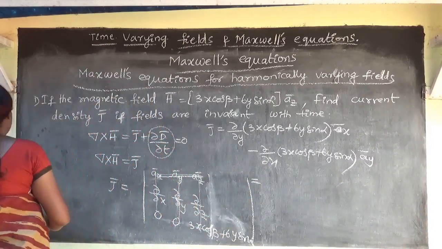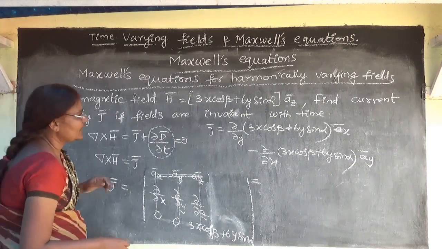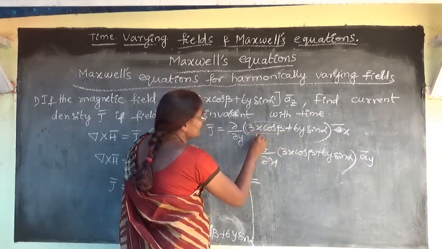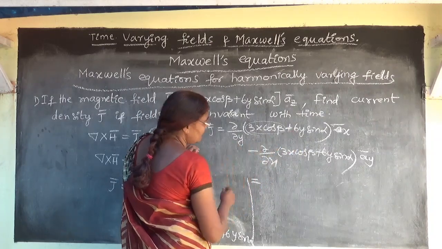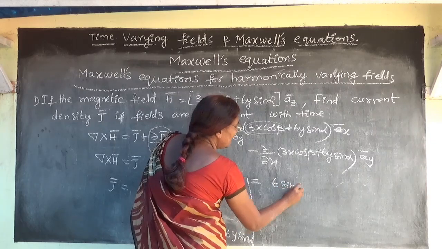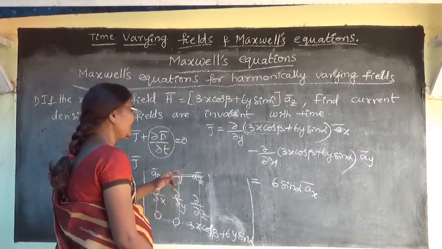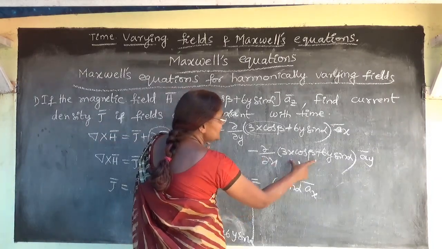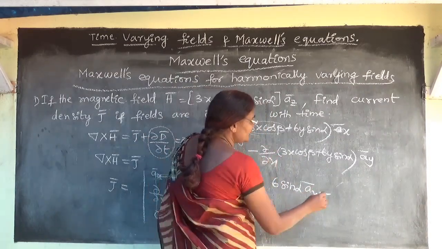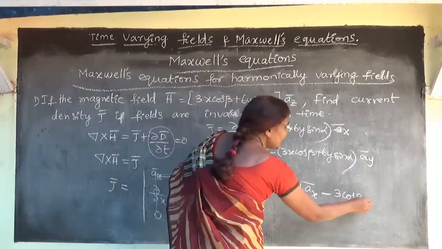Now, the differentiation of the function with respect to y gives 6 sin alpha. The differentiation with respect to x gives minus 3 cos beta, into a_y bar.